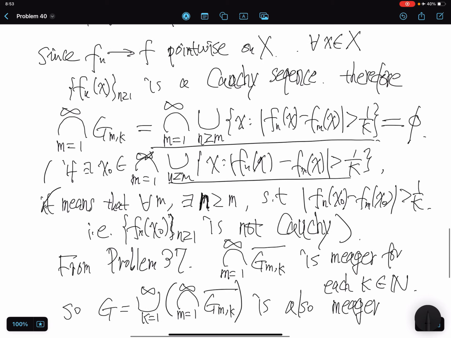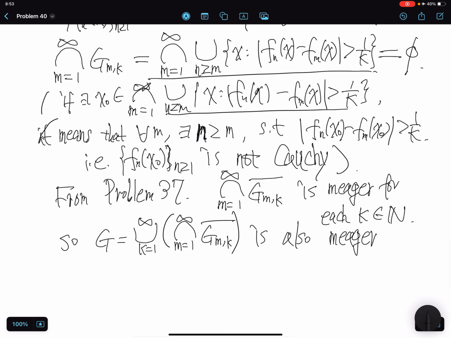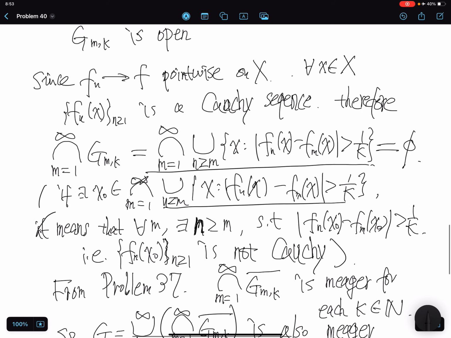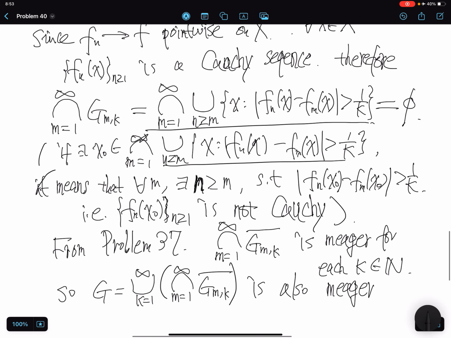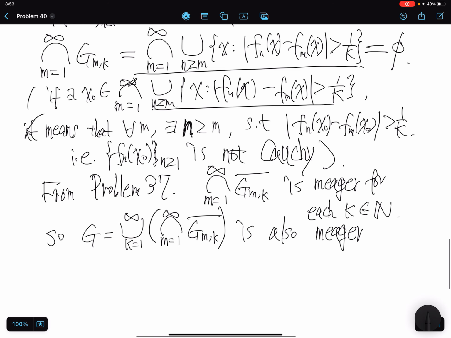And a countable union of meager sets is also meager. So G is meager, as we said before. E is a subset of G, so E is meager, and then F is meager. So we're done. That's it.